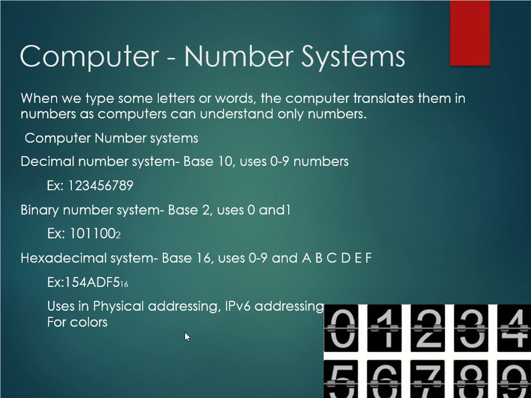So if you see a combination like this, most probably it can be a color code or any other set of data used by the computer. That means by using this we can identify a number, it can be a code to identify a color, and also it can be an address.